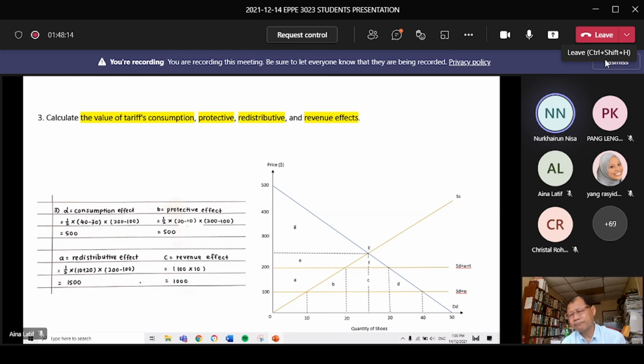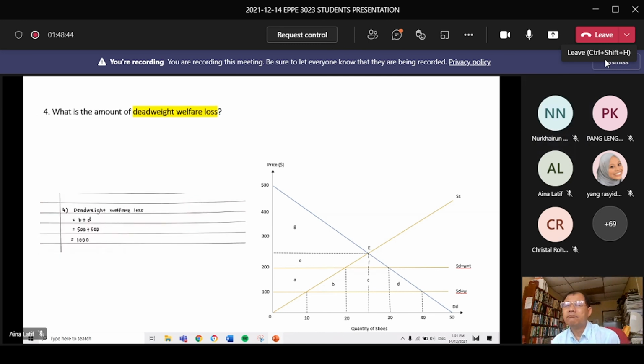So you can count based on that triangle D. So we got 500 for consumption effect, and then B, use that triangle, so we got 500, and then A for redistributive effect, so we got 1,500, and then C for revenue effect, that box, we got 1,000.